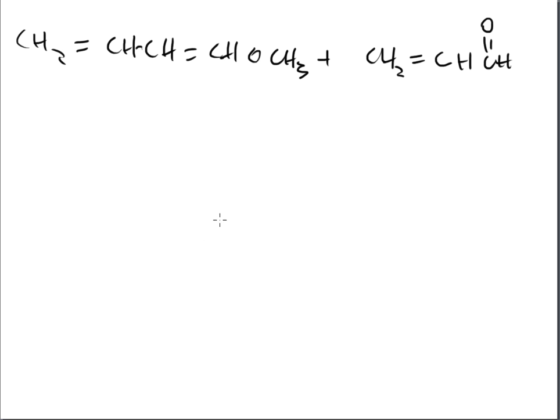Not a problem. I see a conjugated diene to the left. Double, single, double gives me trouble. And then I see an alkene to the right, so that's a dienophile. So I have a conjugated diene, and I have a dienophile. The ingredients needed for a Diels-Alder. I just need to set this up the right way. So I know that in order to do this, my conjugated diene has to take the shape.